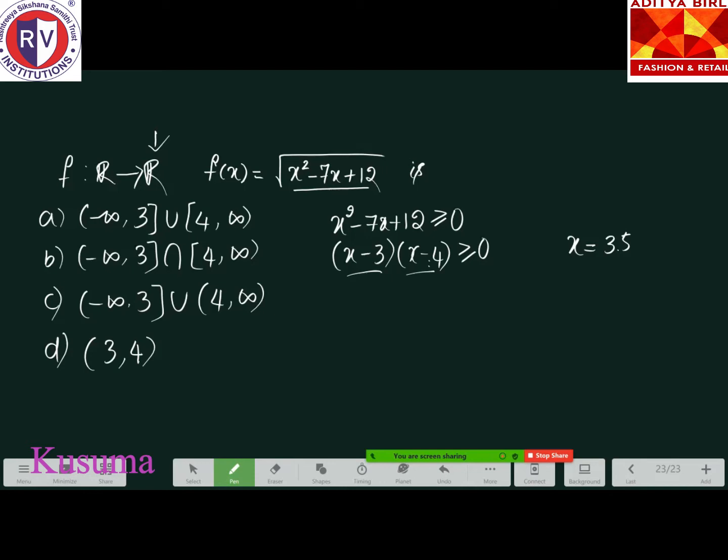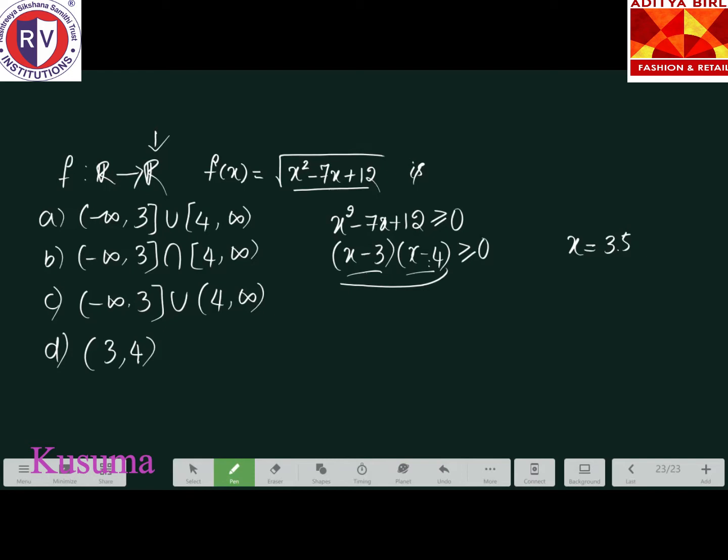So whenever you give any value between 3 and 4, the product of these factors will not be greater than or equal to 0. So the values must either be less than or equal to 3, or greater than or equal to 4 here.